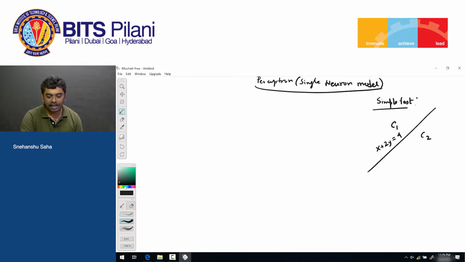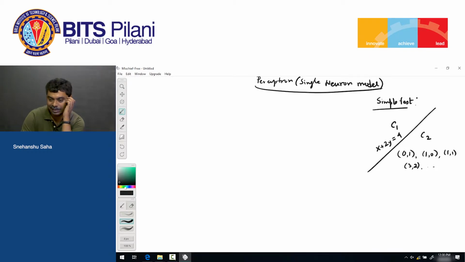If I give you a bunch of points, can you tell me whether these points lie on the line, or on different sides of the line? For example, 0, 1 or 1, 0, 1, 1, 3, 2, and so on.